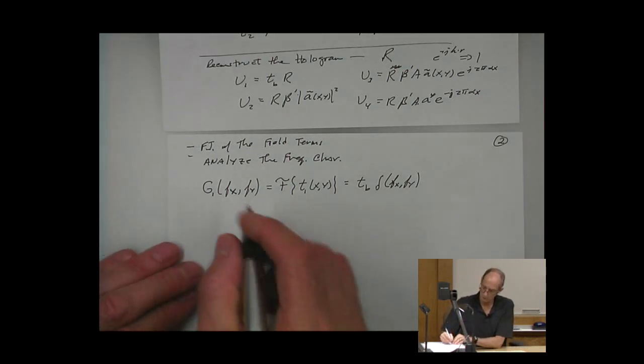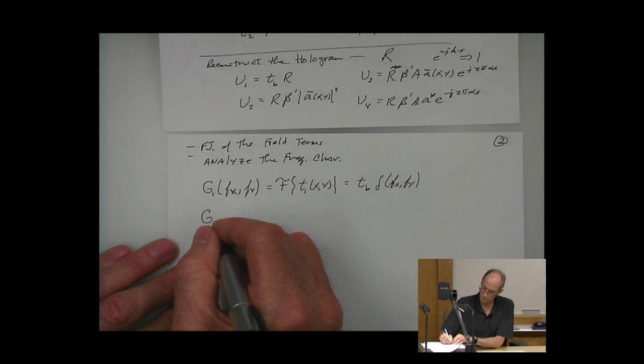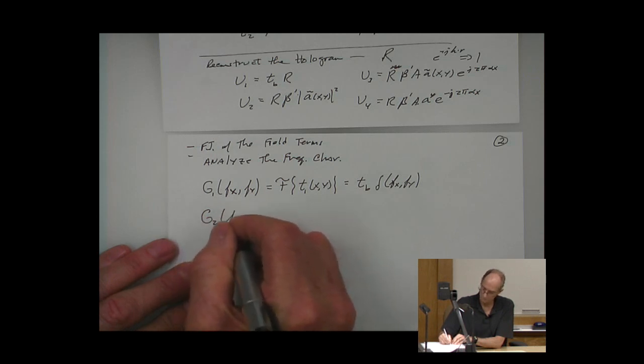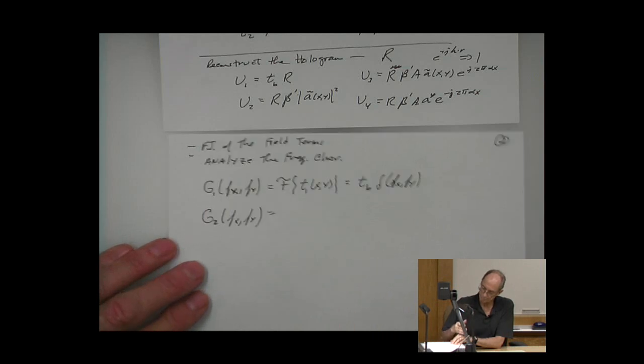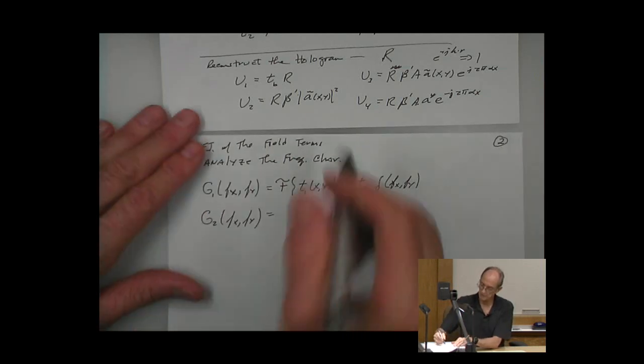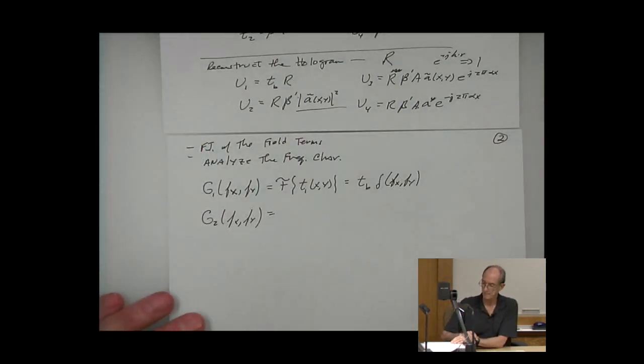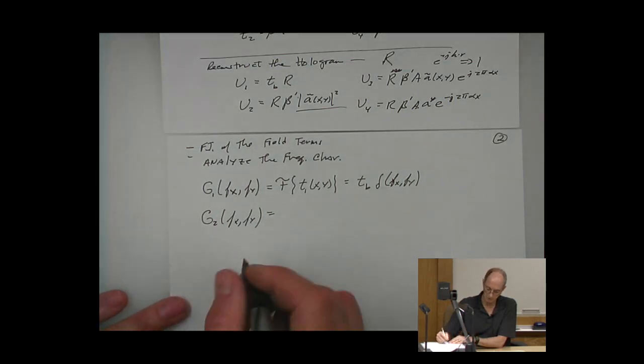All right, so that's G1, or the first term. The second term, so we get to use our Fourier relationships because we have this field times its complex conjugate in that term.